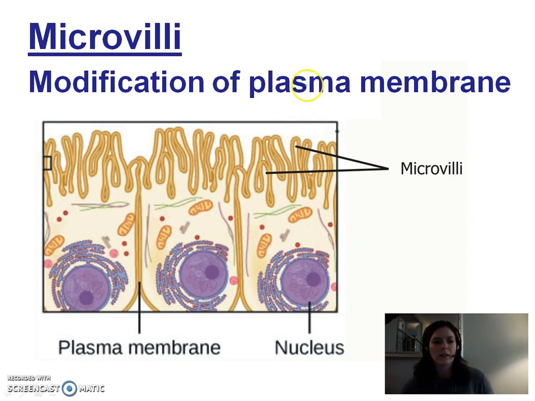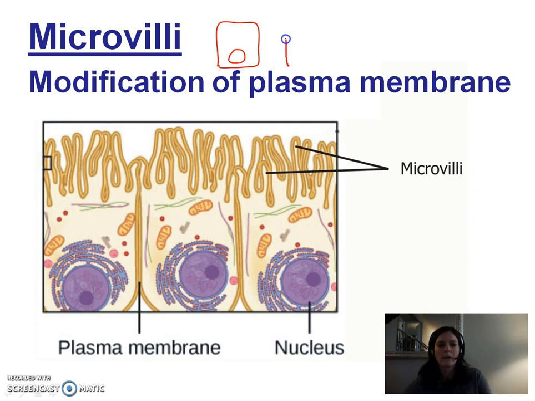One more structure, it's actually listed here with all of the organelles, but it's not quite an organelle, not in the same way at least. The microvilli is actually a modification of the plasma membrane itself. So let's say that this is a basic structure of a cell.